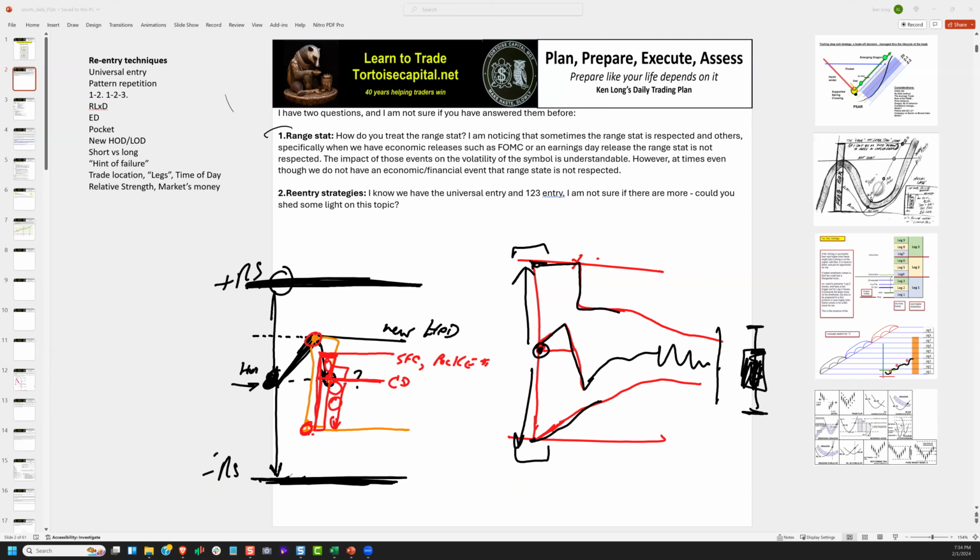When you do have a move that goes beyond the range stat, you're not allowed to be surprised by the size of that move at all. Because one of the things that you study, if you are studying your symbols and you want to specialize in a symbol, these are the sizes of the moves that you want to know about the things that you routinely trade.